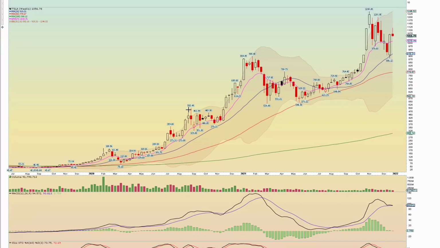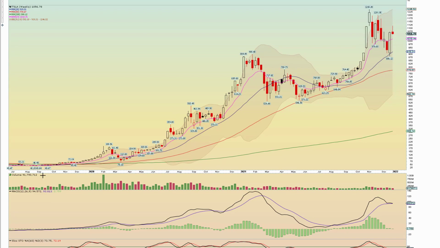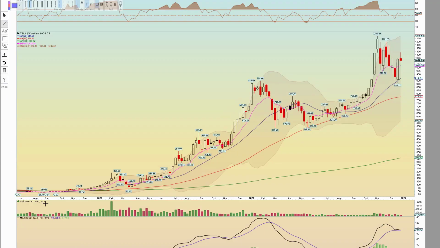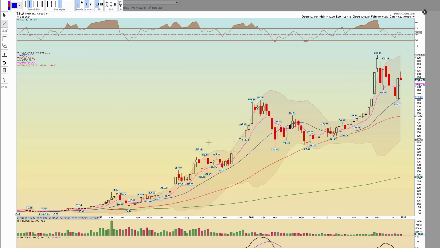Let's look at Tesla. Very popular stock. So Tesla here, I found this very interesting. This Tesla here roughly had a 360 point pullback here. And then we had a very strong pullback here in November into December.